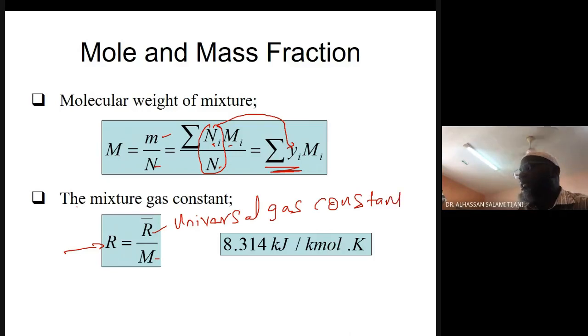This universal gas constant is a value which is constant. It does not change, but this R changes.